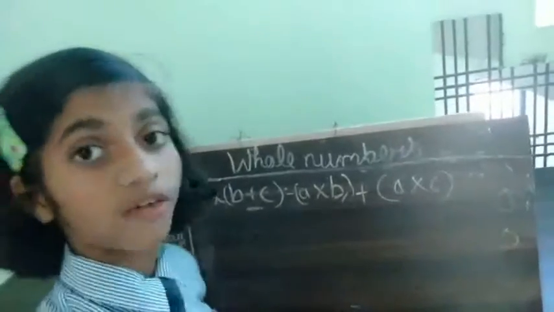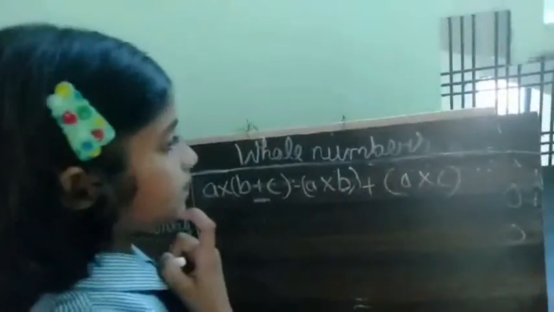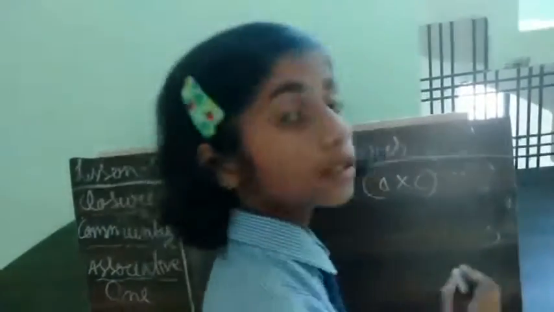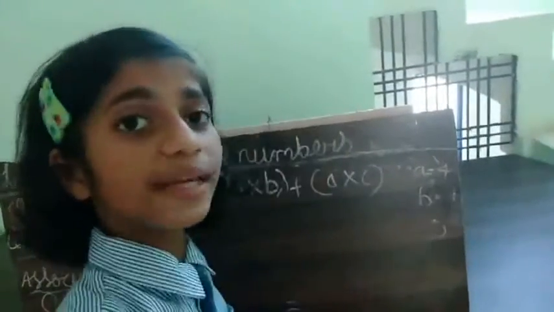Now we will solve it with numbers. Suppose the value of a is 4, the value of b is 3, and the value of c is 2.